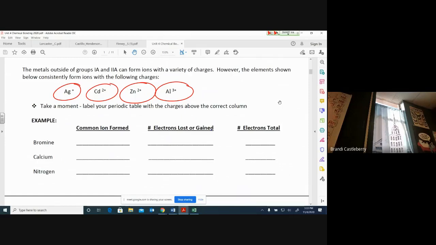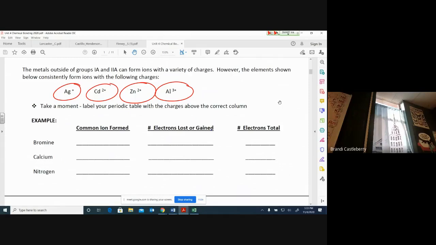You should be adding to your periodic table. In the box on silver, put a +1. In the box of cadmium, put a +2.